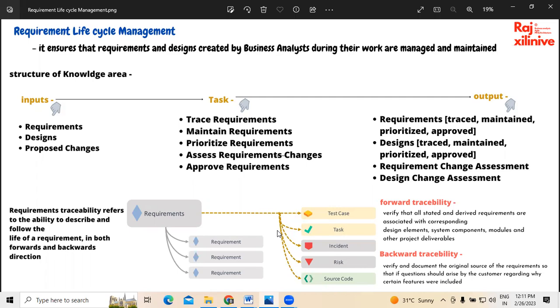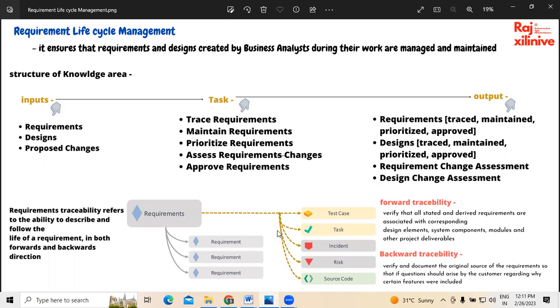For that, there are two traceabilities: forward traceability and backward traceability. Forward traceability means use cases to test cases. Backward traceability means test cases to use cases.